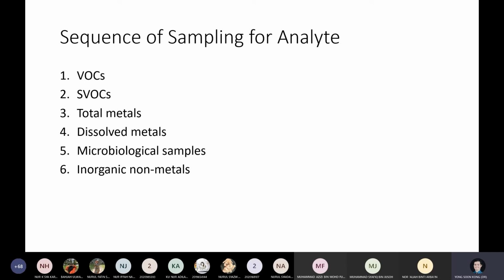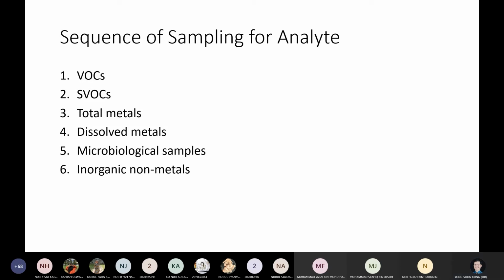The next one is very much the same, semi-volatile. You can imagine this as something in the oil phase that can be volatile, but most of the time they're going to stick to solid surfaces like soil or sediment particles. But either way, they also can be volatilized if the condition is right.